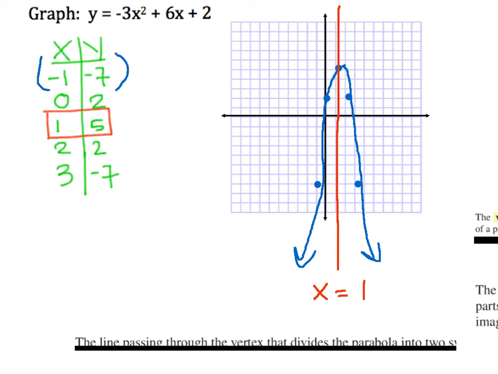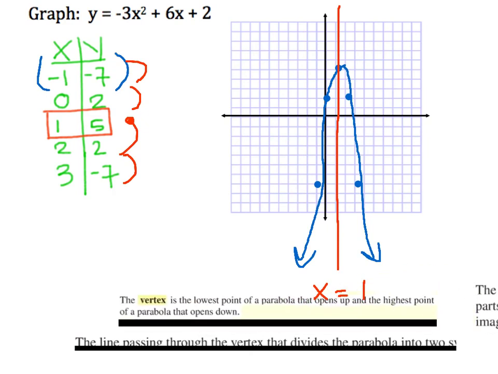So this is a vertical line that goes through the parabola. Had I connected the points perfectly, you should see that the left side, if I fold it in half, would match up perfectly on top of the right side. Hopefully you also see that you can see some kind of symmetry happening in the table here. 5 is the middle, and then you can see that we got 2 on the outside and then negative 7 right above that. So you can see the symmetry happening in the table as well.